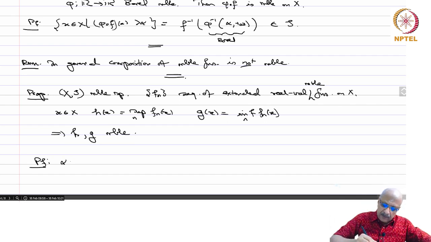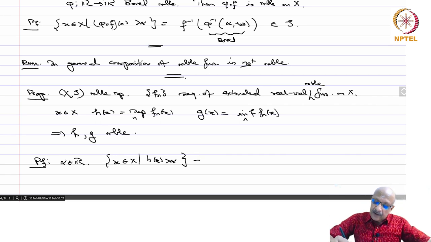So let alpha belong to R. You take the set of all x in X such that h of x is bigger than alpha. If the sup is bigger than alpha, at least one of the fn's will be bigger than alpha.